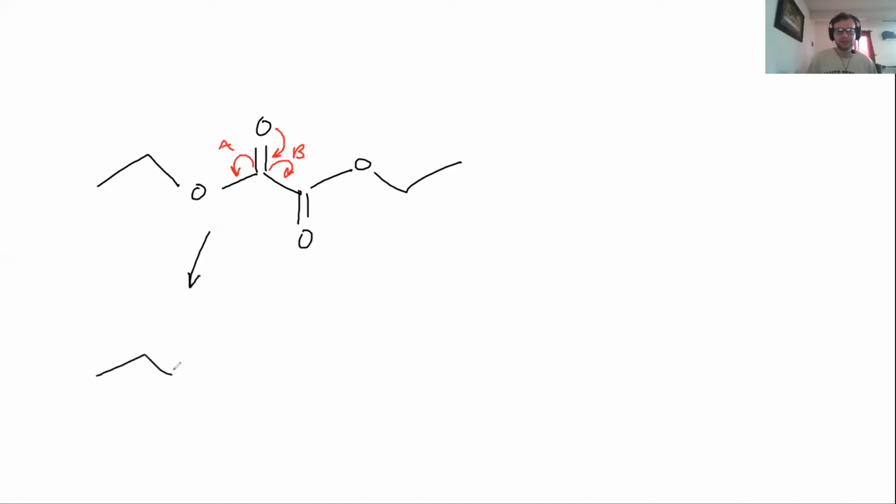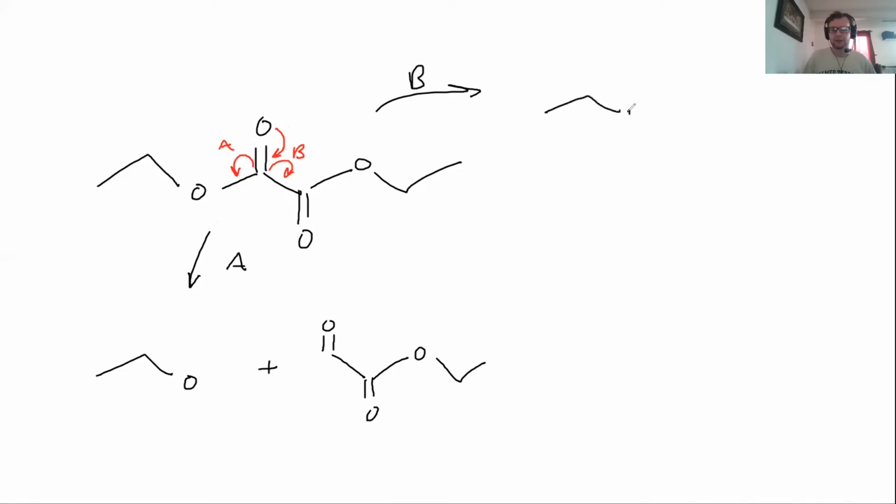So we'll have this guy plus this guy, right? So that'd be option A. And option B, we'll have this guy. We'll have two of these guys, right? So here's our two ions.